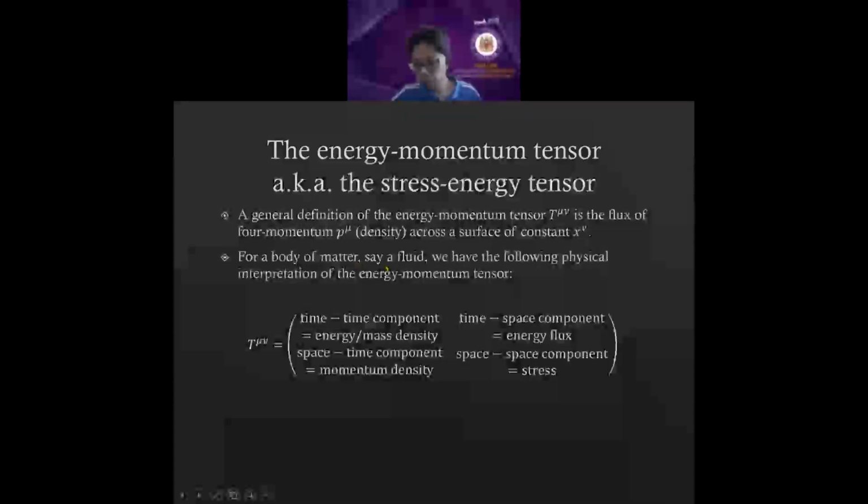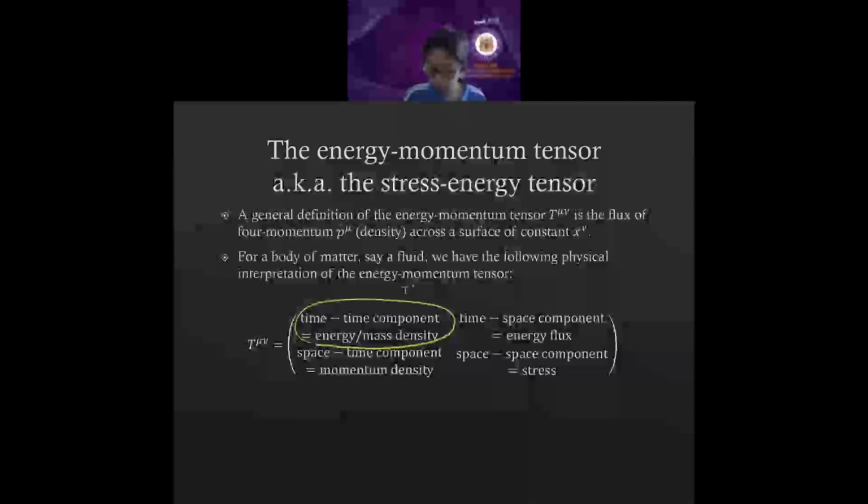Now, for a body of matter, let's say a fluid, the physical meaning of each component of this tensor is schematically given this way. The time component, or the 0,0 component, is the energy or the mass density, because recall that in relativity, energy and mass are just the same thing.